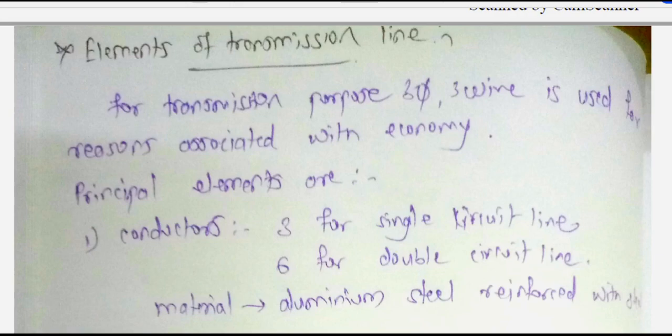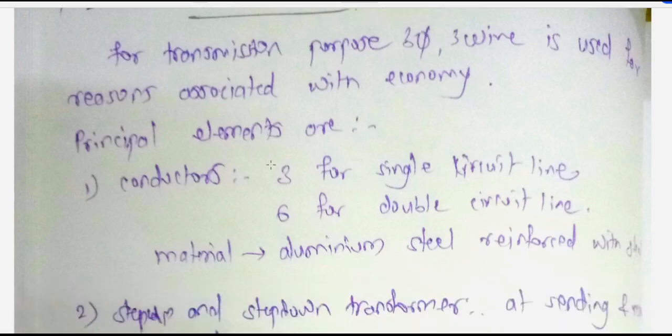Before that, we are interested in the elements of the transmission line. We know that for transmission we use a 3-phase 3-wire system, for reasons associated with economy. The principal elements are the conductors, 3 for a single circuit line and 6 for a double circuit line.